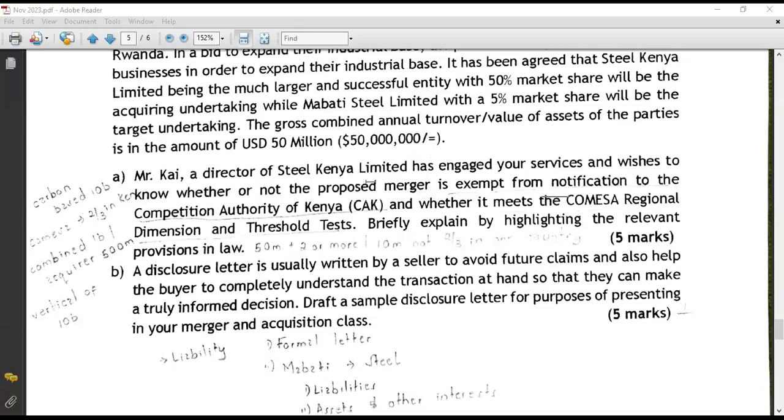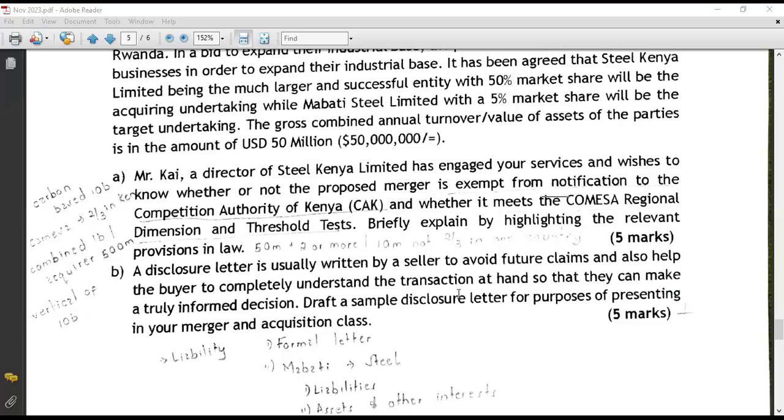Then on COMESA guidelines, you can look at Rule 4 of the Rules on Determination of Merger. You are touching on companies from member states of COMESA, which are merging or acquiring, outside Kenya, and in this one, one of these companies is from Rwanda.